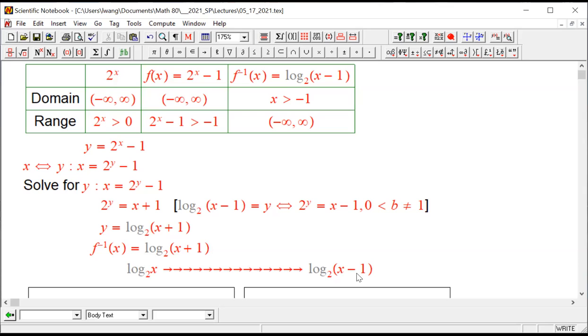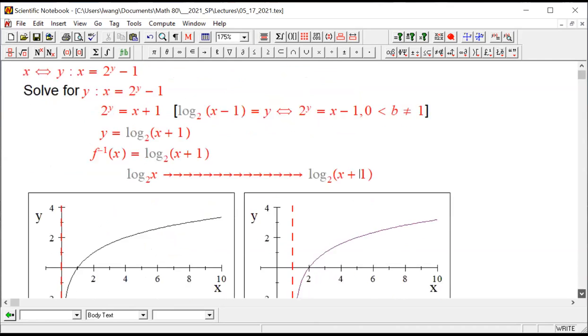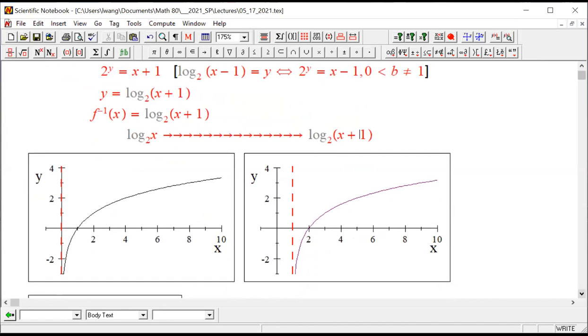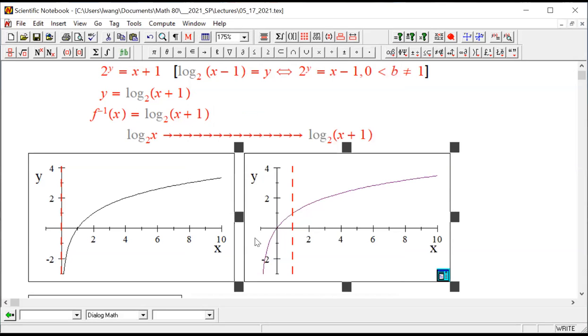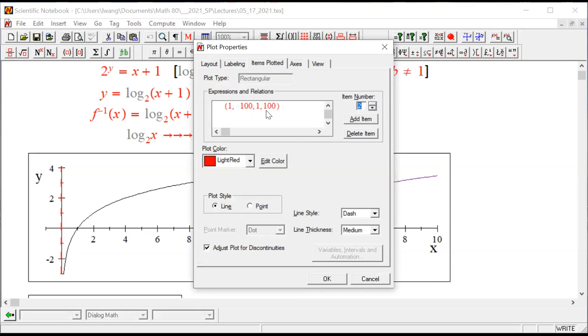You guys see that? If this is the plus 1, it should be shifting to the left. So this picture should be plus 1, shifting to the left, and the line of this vertical asymptote should be over there.